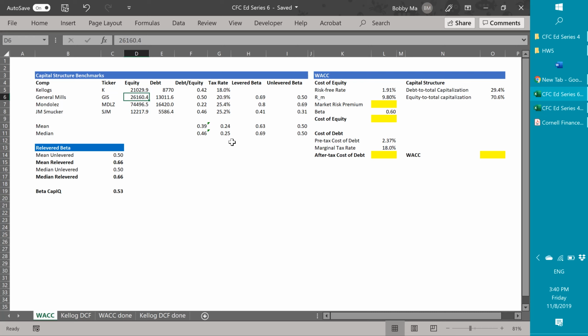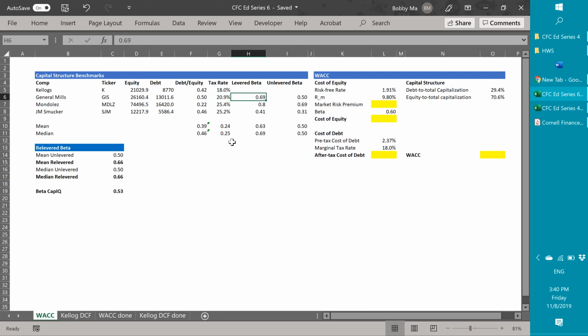I guess this wasn't part of the PowerPoint, but General Mills has $26 billion in equity and $13 billion of debt. Therefore, their debt to equity ratio is 0.5, and their effective tax rate is 20.9%.